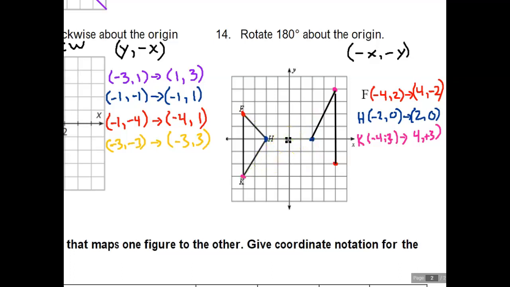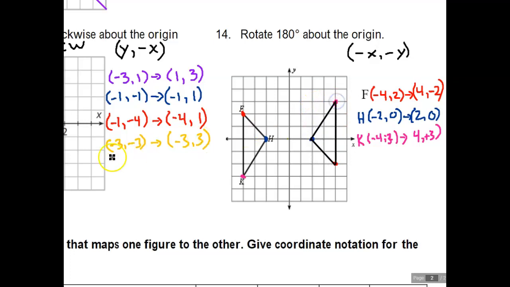Let me double check my numbers here. Ah, that's what happened. So 4, 3, which is right there. Yeah, as soon as I did my check, something didn't work, so I knew I could go back and fix it.